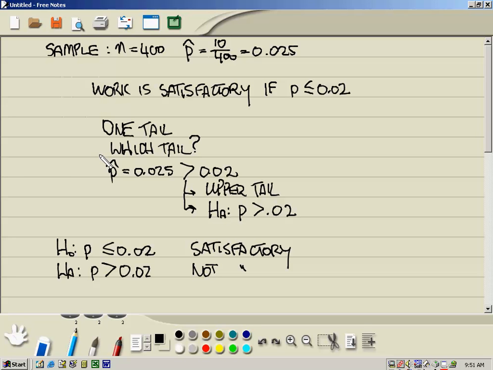Once we've decided it's a one-tail test, we do the same routine as before. It doesn't change because of the way we're going to do the test. So which tail: the sample proportion, 2.5%, is greater than the 2% limit, so it's an upper tail test with the alternate being the true proportion, which we don't know, is greater than 2%. So the alternate is greater than 2%, not satisfactory, and the null is less than or equal to 2%, the work is satisfactory.